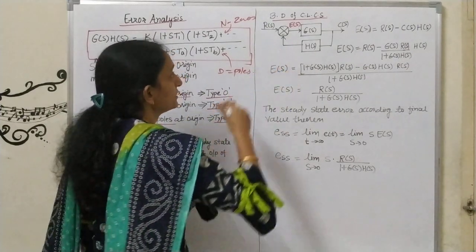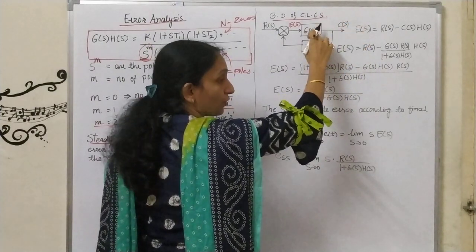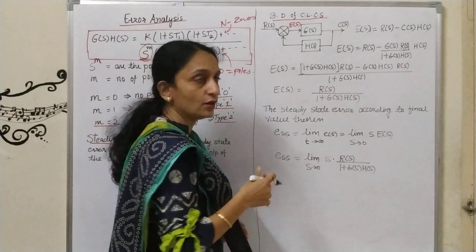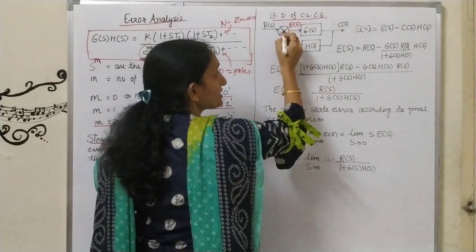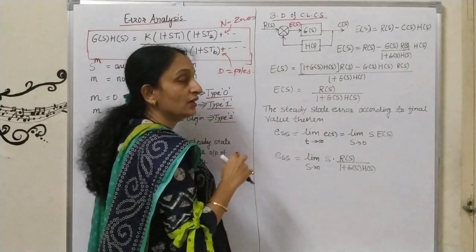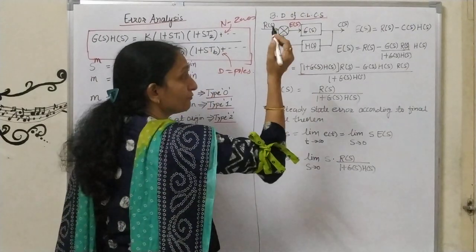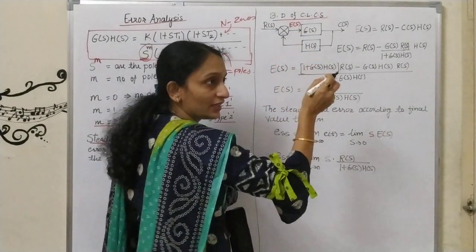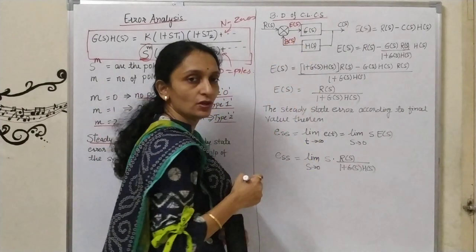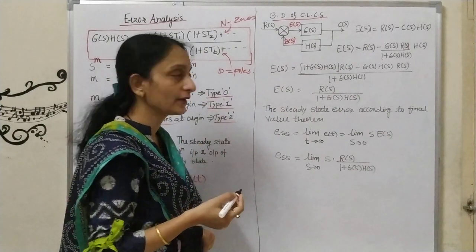Look at this, here the R(s) term is there, here C(s). G(s) is called the forward path gain, and G(s)H(s) is called the feedback path gain. This summing point is nothing but a comparator. At this summing point two signals are getting compared. So what are those two signals? If you remember, in unit 1 I introduced the term B(s), which is the feedback path signal.